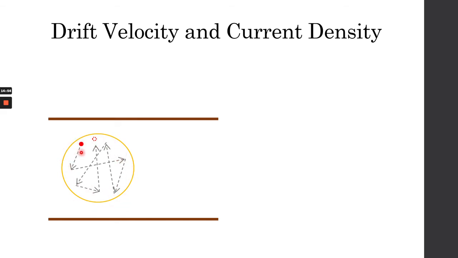And if these electrons keep moving and keep bouncing in this area, so let's say this red dot right here is our electron, and it keeps bouncing, it keeps moving. As you can see, this red electron does not really leave this yellow circle where it is encircled.